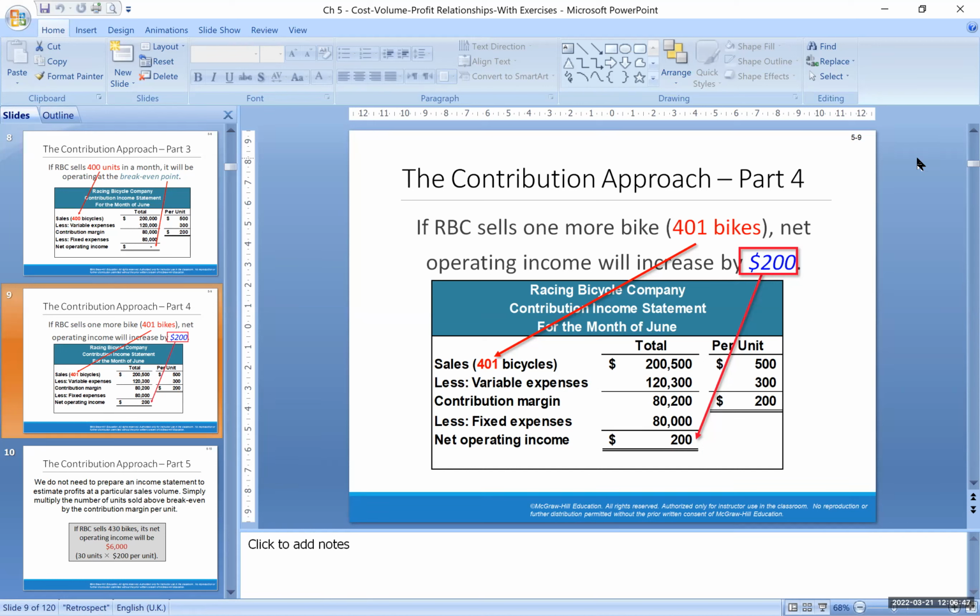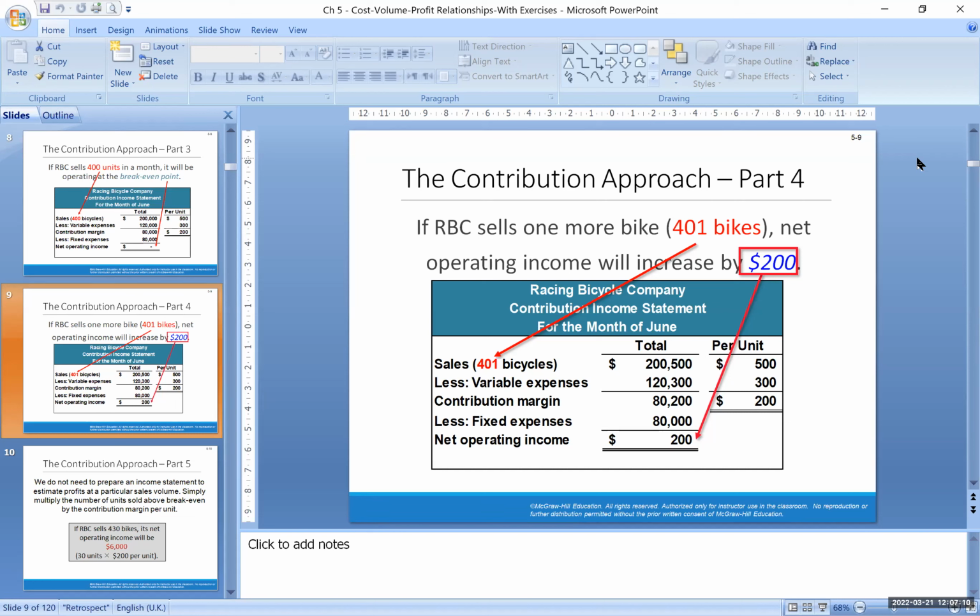Why? Because up to the 400 I have a net profit of zero. So only the one unit after the 400 contributes to the net income. What is the contribution amount for this unit? It is simply the contribution margin for that specific unit.